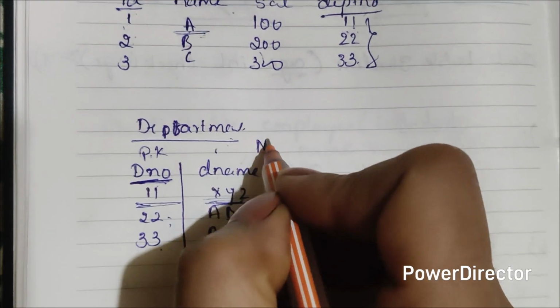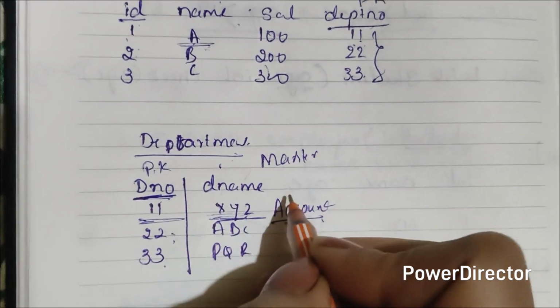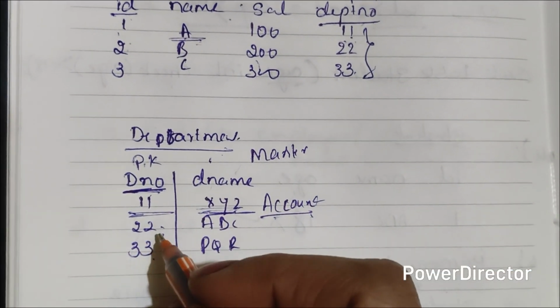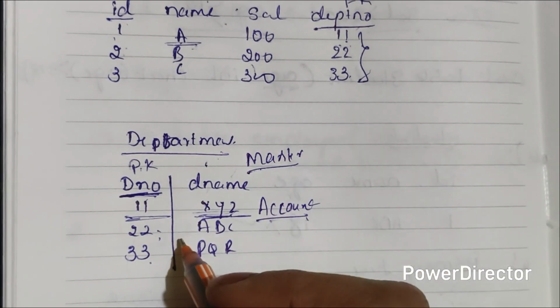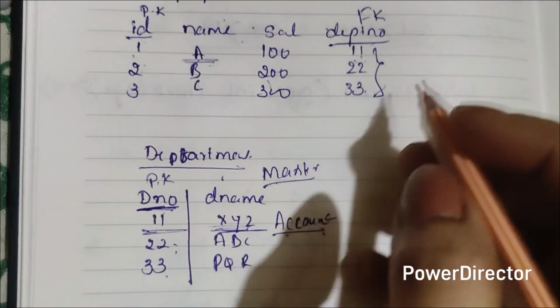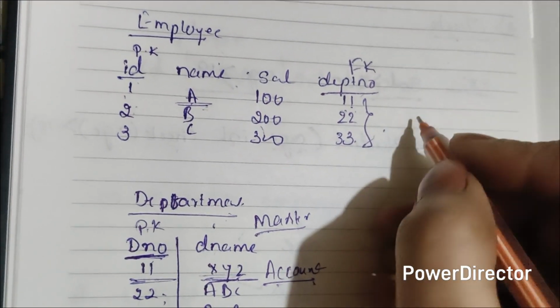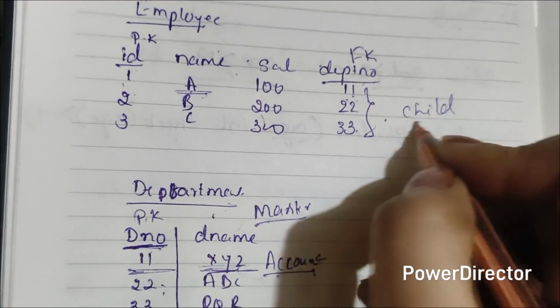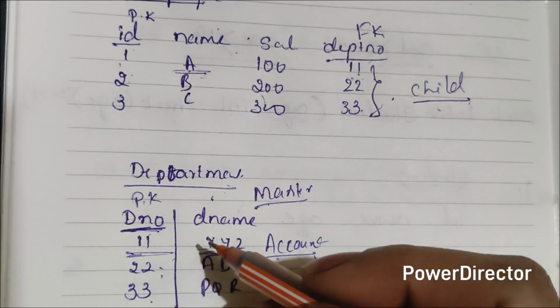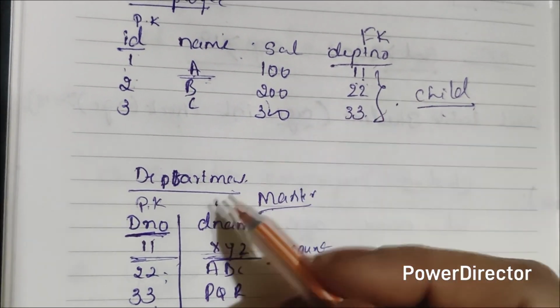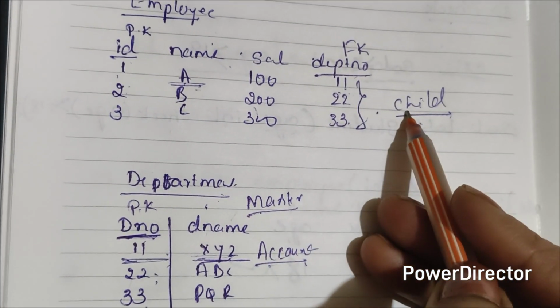That means this is the master table, because whatever values you enter come from here. And this table, which uses the values from the main table, will become the child table. So this is the master table and this is the child table.